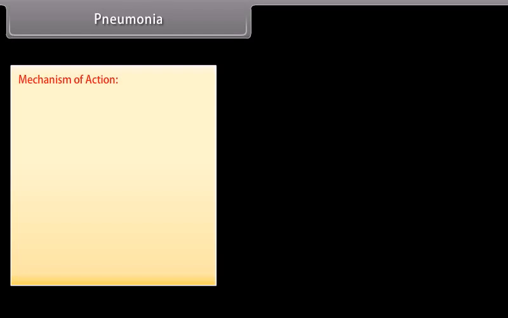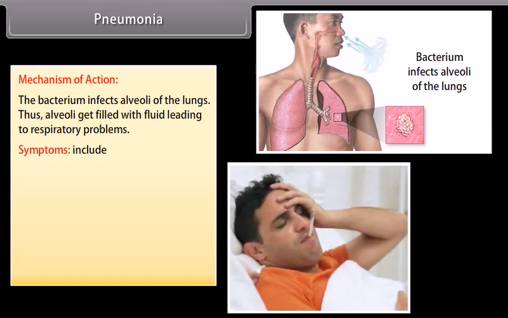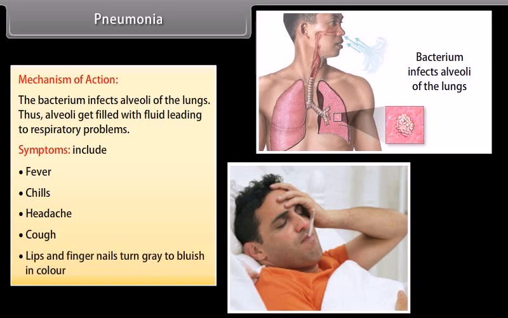Mechanism of action: the bacterium infects the alveoli of the lungs. Thus, alveoli get filled with fluid leading to respiratory problems. Symptoms include fever, chills, headache, cough. Lips and fingernails turn gray to bluish in color.